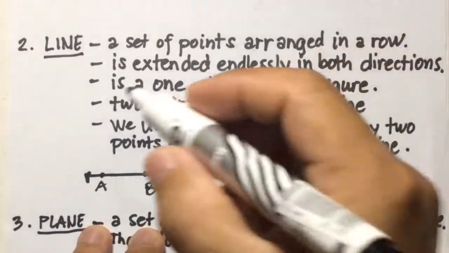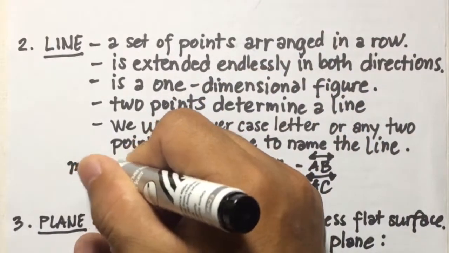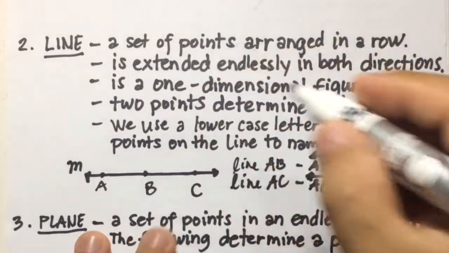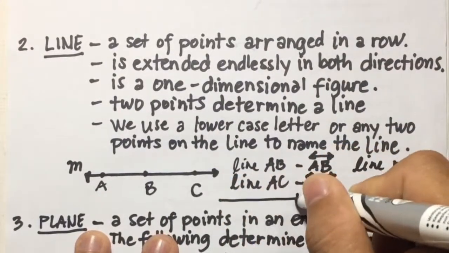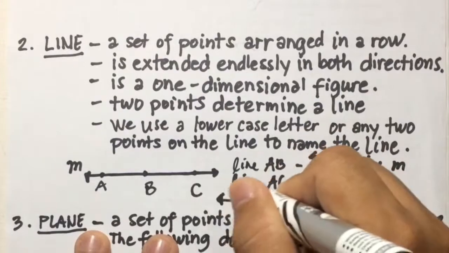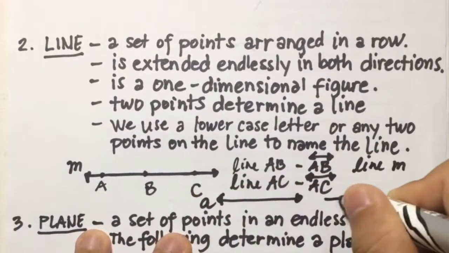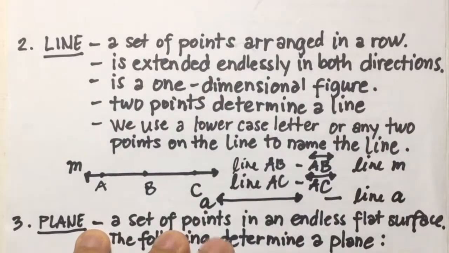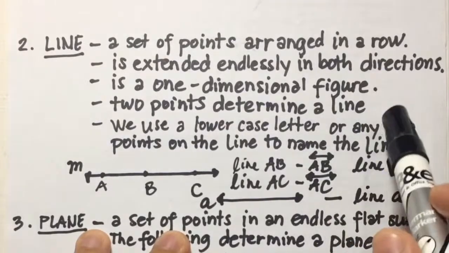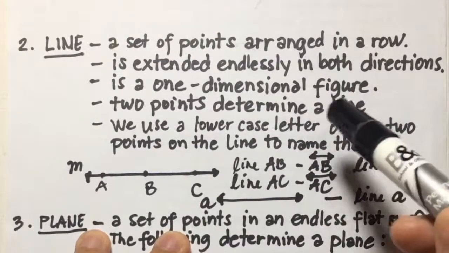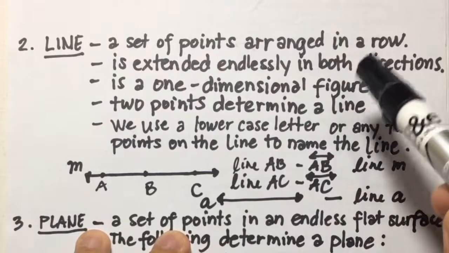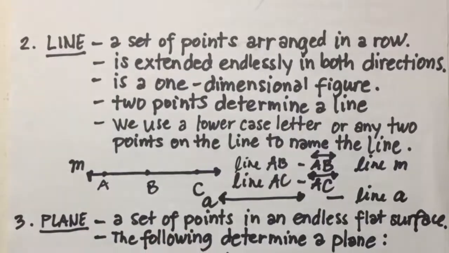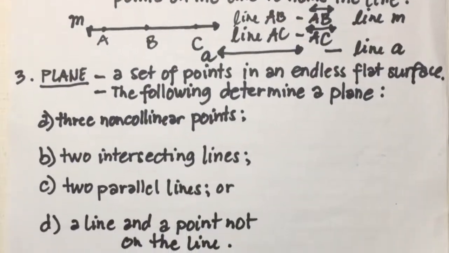So for example, we can name this one as line M. Or if we're going to draw another line here, let's have this one as A. So we can name this one as line A. So again, we can name a line using 2 capital letters on the line, or 2 points on the line, or using a lowercase letter. Then the third undefined term in geometry is the plane.